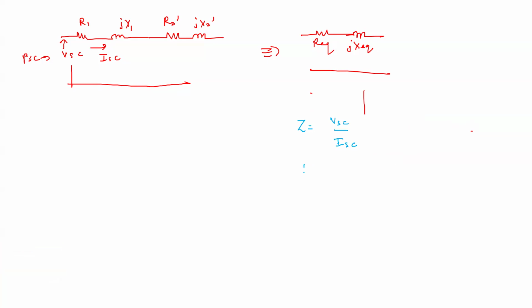R equivalent is VSC square by PSC, and X equivalent is root over of Z square minus R equivalent square. So this is how you basically use the short circuit test values.